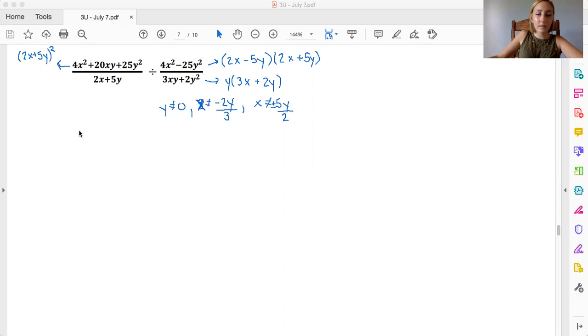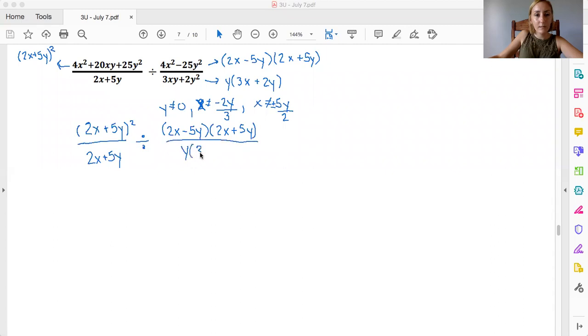Okay, so we're going to write that as our simpler term before we do the multiplication. So we've got our 2x plus 5y to the power of 2 over 2x plus 5y, divided by 2x minus 5y, 2x plus 5y, over y times 3x plus 2y.